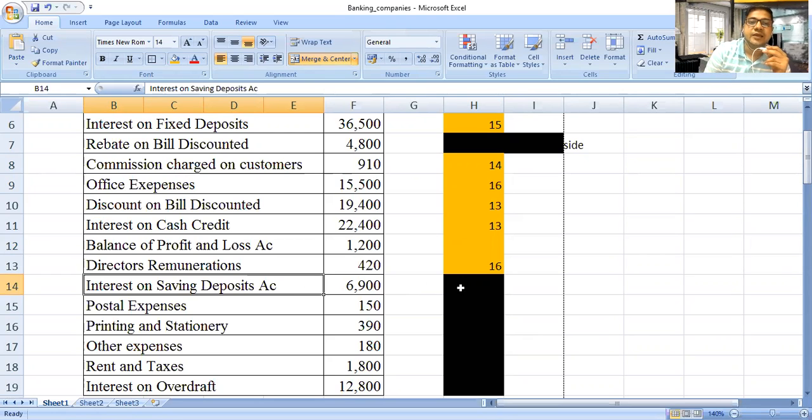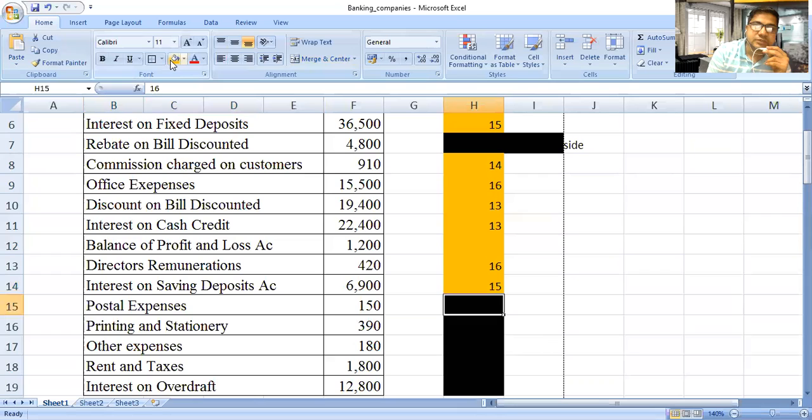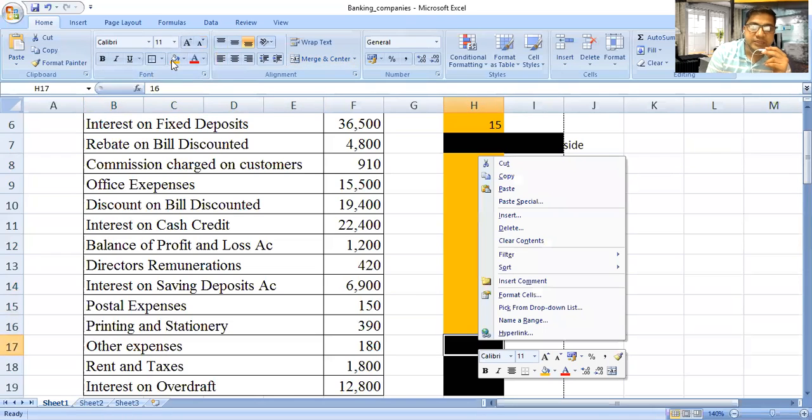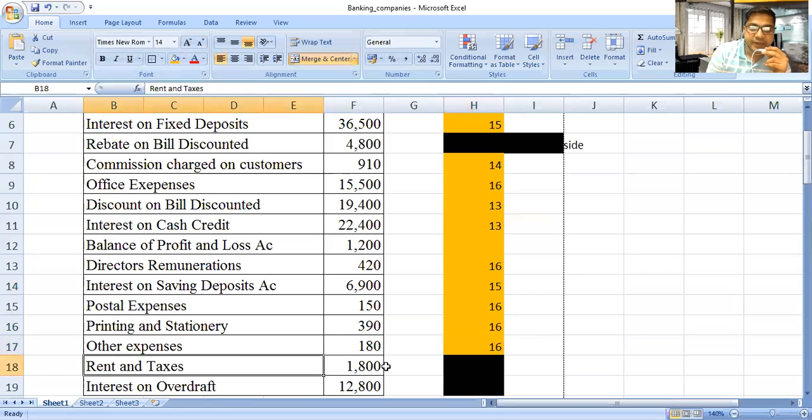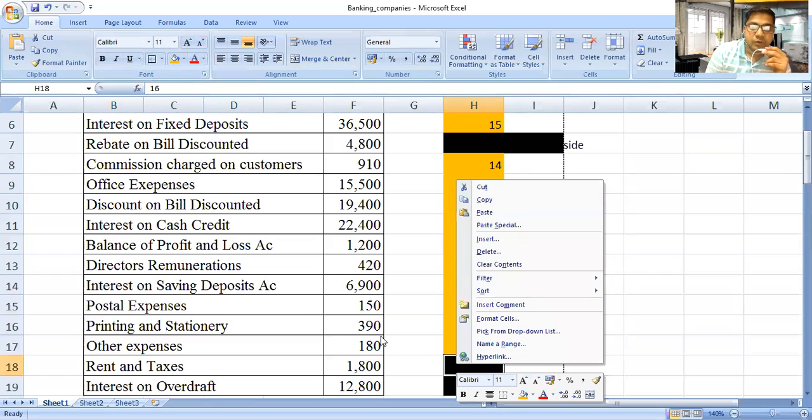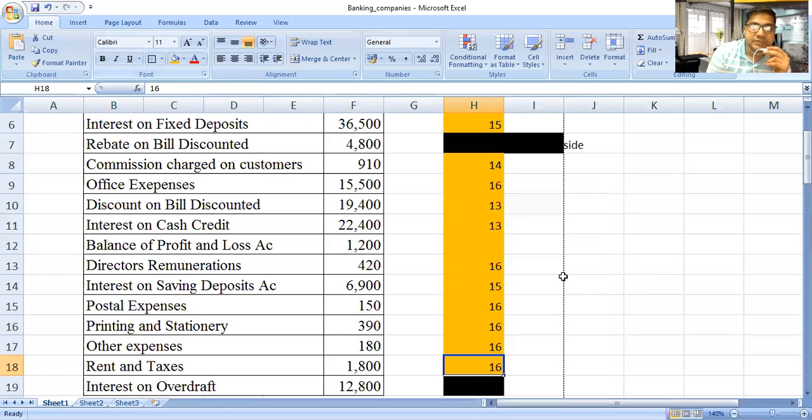So we can say that interest expended will come under schedule number 15. Postal expenses, operating expenses. Printing and stationery, operating expenses. Other expenses, operating expenses. Rent and taxes, operating expenses.